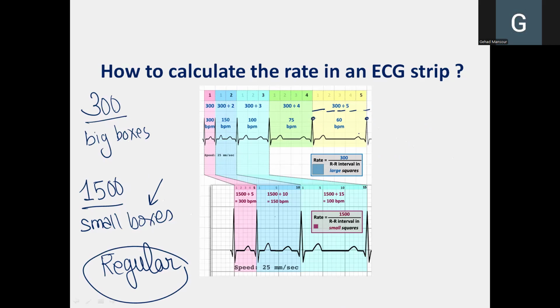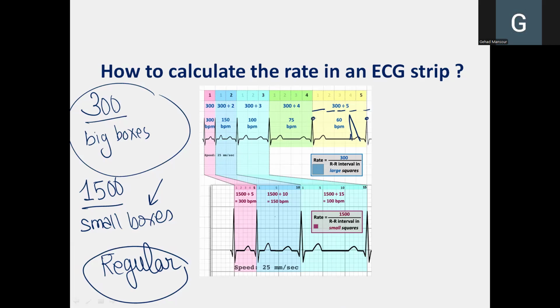You might have the QRS complex in the middle of a big box. In such a case, it would be extremely difficult to calculate accurately the number of big boxes. So this one is much easier, but it's practical only when the QRS complexes lie exactly on the lines of the big squares, meaning that you have an integral number of big squares between the QRS complexes.